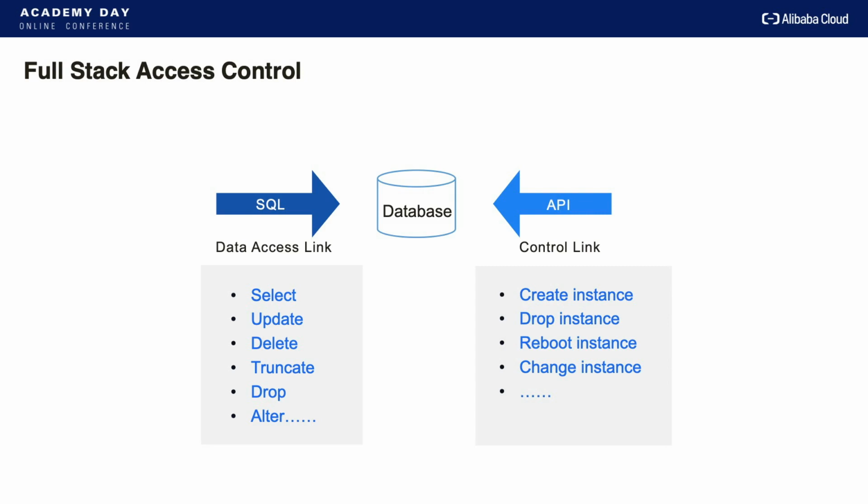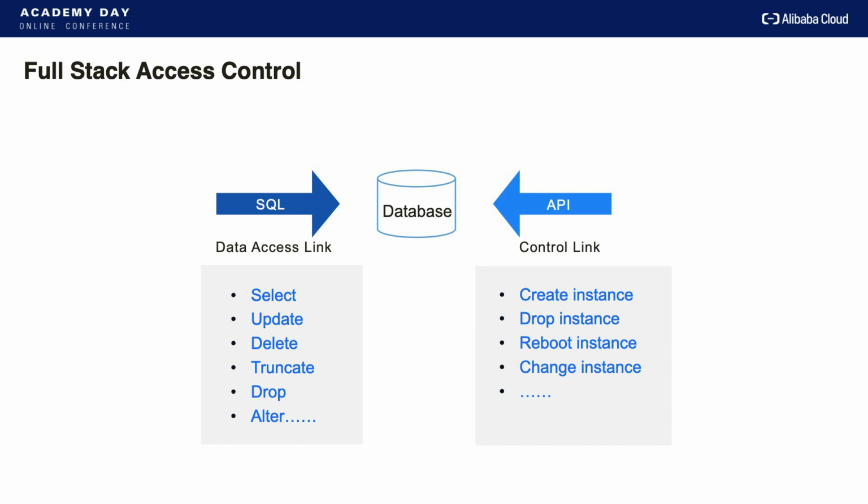So the first capability is full stack access control. Essentially, when you talk about access control, you have data access and you have control access. Data access means sending a SQL to the underlying database, and the SQL could be selecting some data points, updating a database table, truncating a table, dropping a table, and so on.